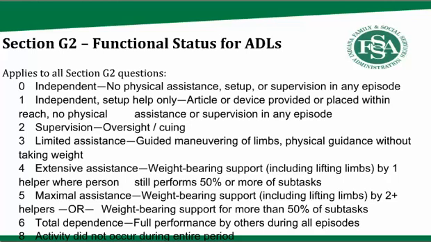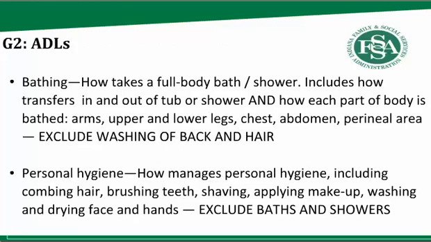Here are the items that you're going to be looking at for ADLs. Bathing is the first one here. So you want to look at how the person takes a full body bath or shower, and this includes sponge baths. And it also includes how the person transfers in and out of the tub or shower, how each part of the body is washed. And it doesn't include the washing of back and hair.